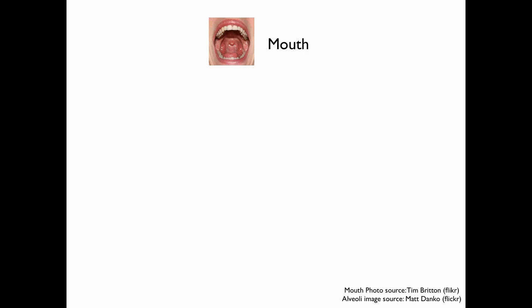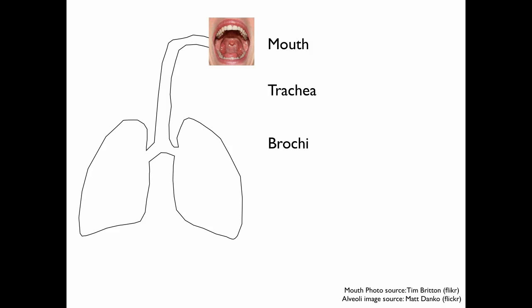So if we start at the mouth, air comes in through the trachea and splits into the bronchi and the bronchial tree. Further down, when the air passageways become small, they're called bronchioles, until finally the air arrives at the air sacs called the alveoli, where gas exchange occurs.